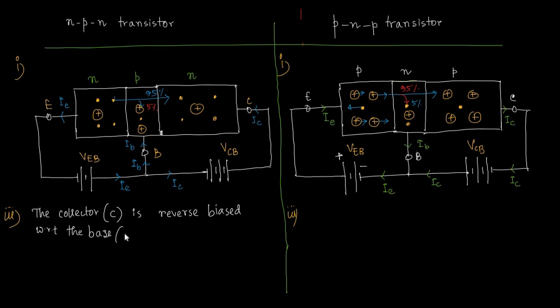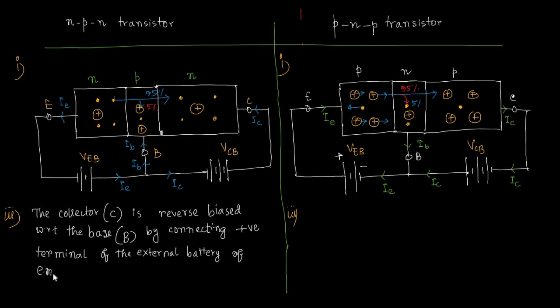The collector C is reverse biased with respect to the base B by connecting the positive terminal of the external battery of EMF VCB to the n-type collector.